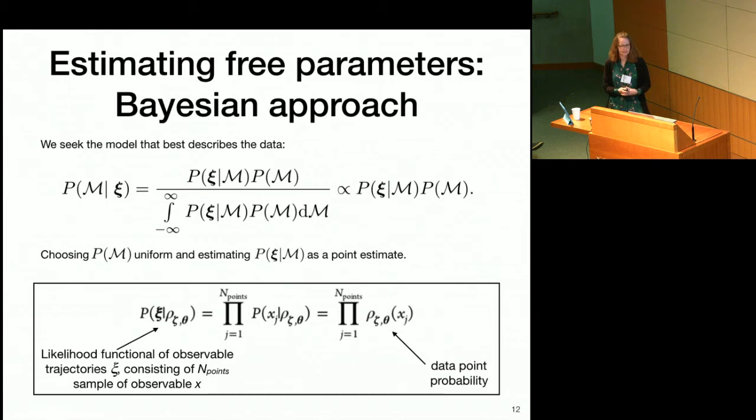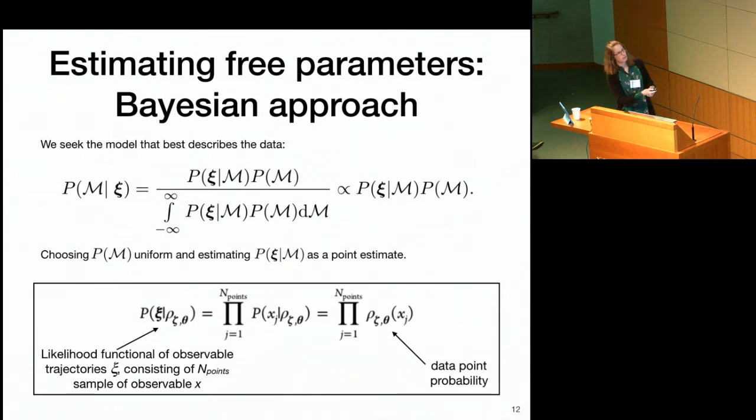And to estimate the parameters, we used a Bayesian approach. Since we're trying to find the density model that best describes the data, we flip it on its head, and we're going to try to estimate the probability of the model given the data, assuming that the probability of the model itself is uniform. The way we do this in practice is written here. We estimate the likelihood functional of the trajectories given a probability density estimate.